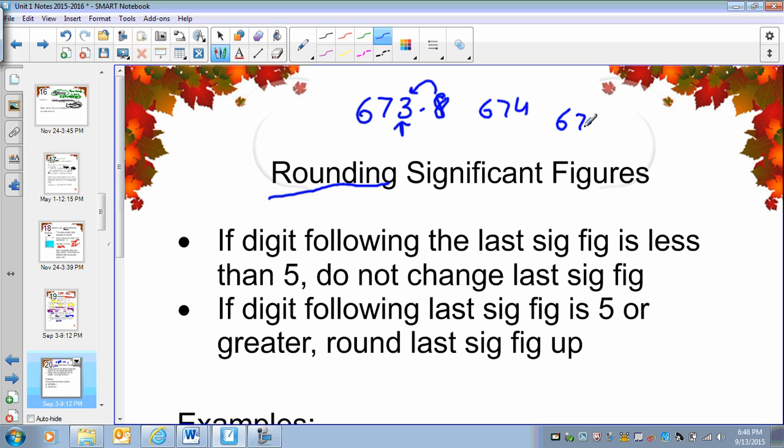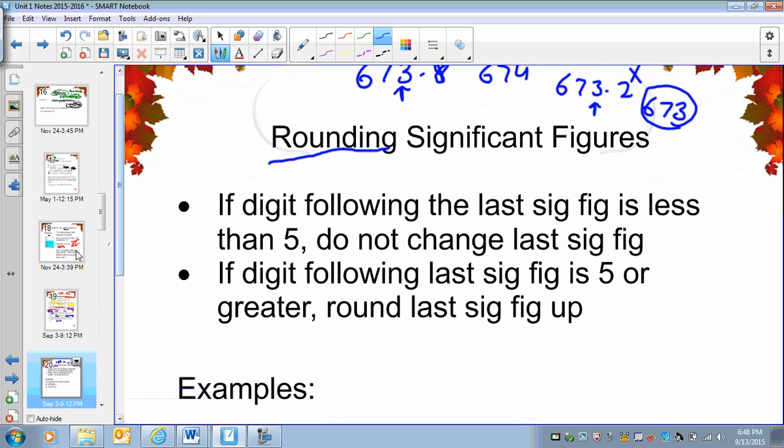If it was 673.2, and I was going to round it to 3 significant digits, this is my third significant digit, and the number after that is less than 5, so I'm not going to count it. My answer will be 673. So these are the general rounding rules that we are going to apply in this situation.